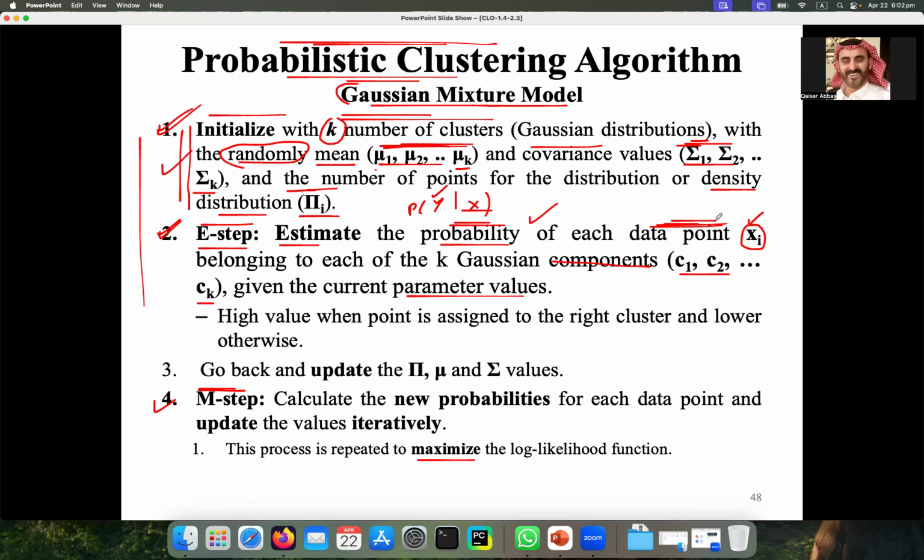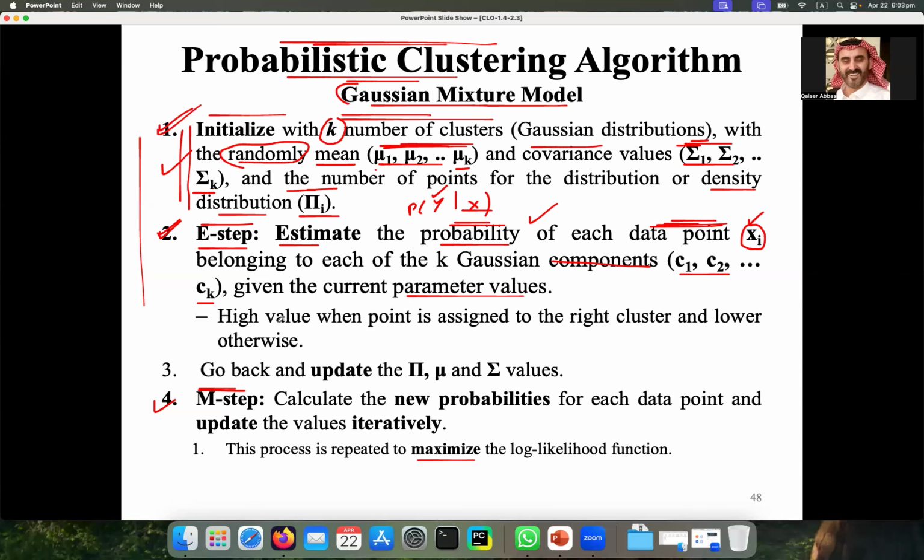For example, if the data point is x1 and you are calculating the probability of x1 with c1, c2, c3, c4, and so on up to ck, and these c's are clusters, then you might have this situation that the point x1 has a higher probability with the cluster c5 and not too high a value with c1, c2, c3 or other clusters. But with c5, it has a high value of probability.